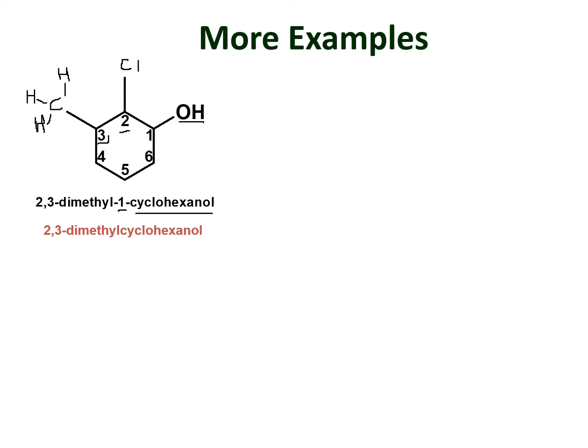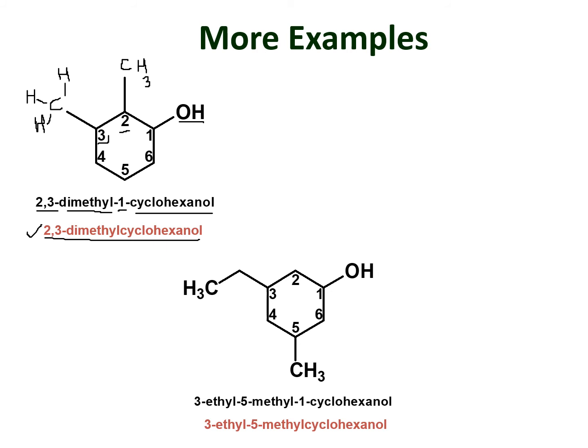So we can simply write it as a CH3 group here as well. CH3 is a methyl group, both are the same. One at carbon 2 and one at carbon 3, so it becomes 2,3-dimethylcyclohexanol or 1-cyclohexanol. Both terms are correct, but as I said, this one is more commonly used. So methyl groups at the 2,3 positions, so we write it dimethyl.